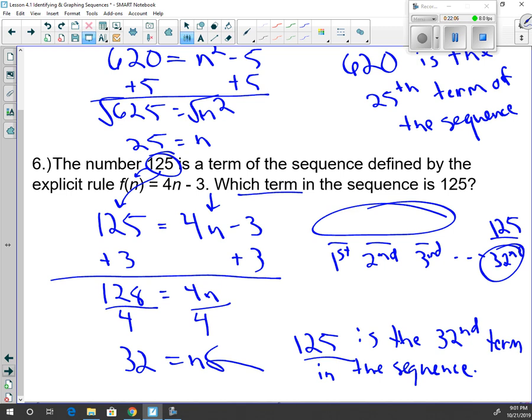Now, in a different type of rule, which we're going to talk about next, the recursive rule, we do have to know all of the previous terms to find the next one, right? So, explicit rule. A disadvantage for the explicit rule is that we don't know any of these values, right? But we can cut right to the values we want to know. The recursive rule we talk about next, well, the advantage is we'll be able to build the sequence, we'll know the little values, but we won't be able to find the 101st term very easily.